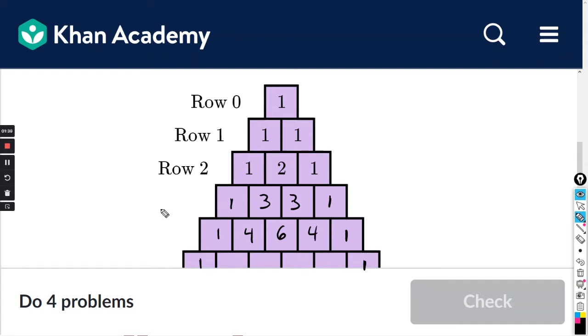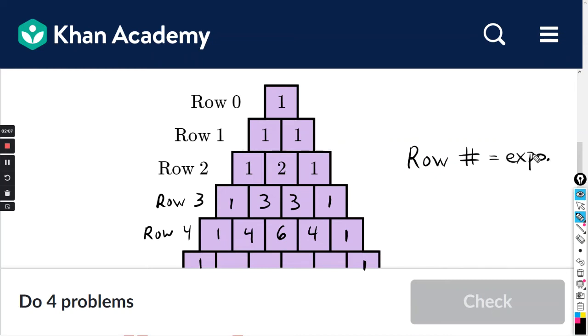Okay, so this is row 2. This would be row 3. This would be row 4, and so on. All right, so just remember, for the binomial theorem, try to remember that the row number is going to equal the exponent.